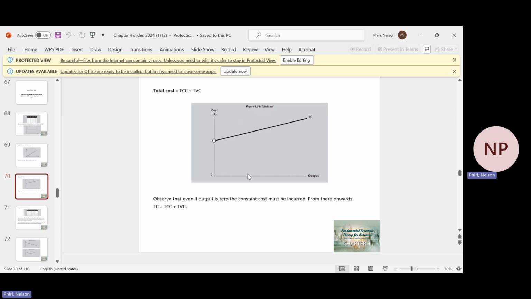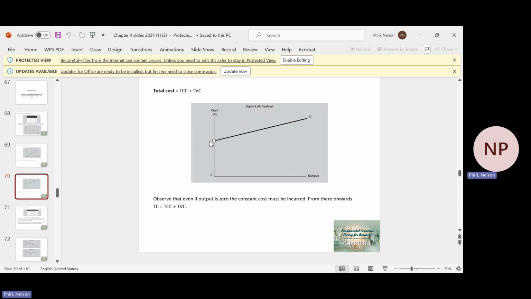Then put together, that graph is your total cost graph. It is a total cost graph in the sense that, as you can see, it cuts the cost axis at a certain point. That point on the cost axis is your total constant cost, because remember, you have your total constant cost even when you're producing zero output.